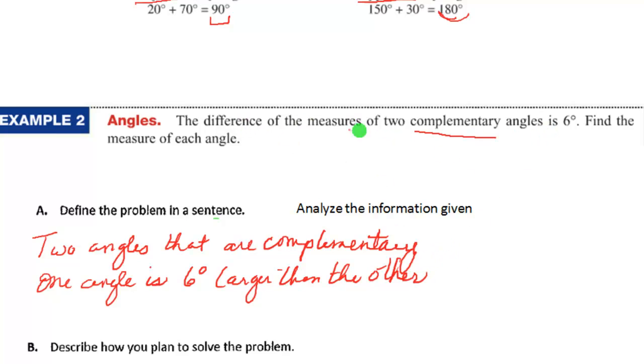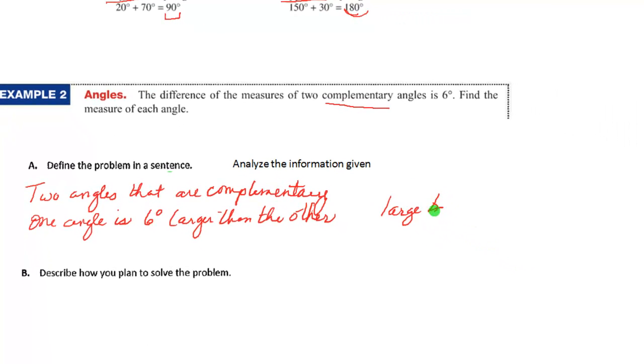So the large angle minus the small angle equals 6 degrees. Okay, the difference.